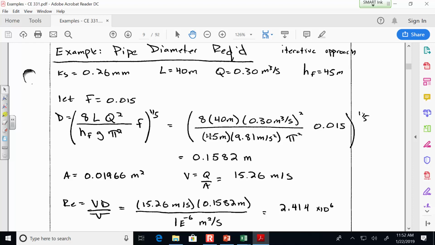And then the second term in the Jain equation, 5.74 divided by the Reynolds number to the 0.9 power. And the Reynolds number we have up on the screen there, 2.414 times 10 to the 6th, and we take that to the 0.9 power. And then all of that is squared down in the denominator.